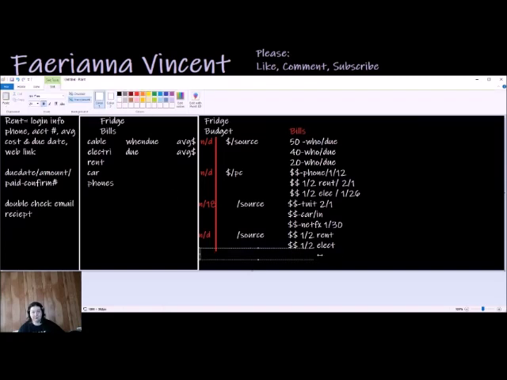At the bottom of this piece of paper, I try to figure out our total income by adding it up straight down the line. And our total bills for that month.